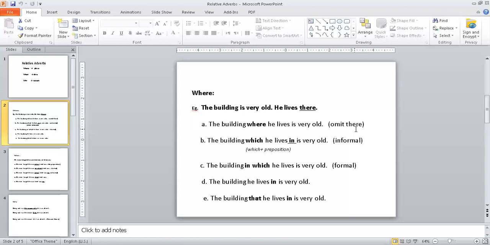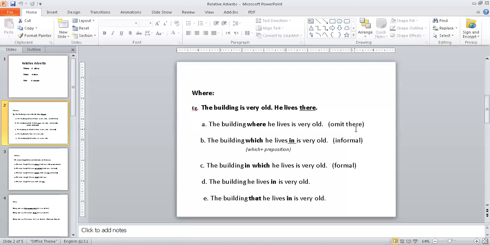He is the subject. So the building is the object. Therefore, we can drop where here, but keep the preposition. Again, the sentence is the building he lives in is very old.